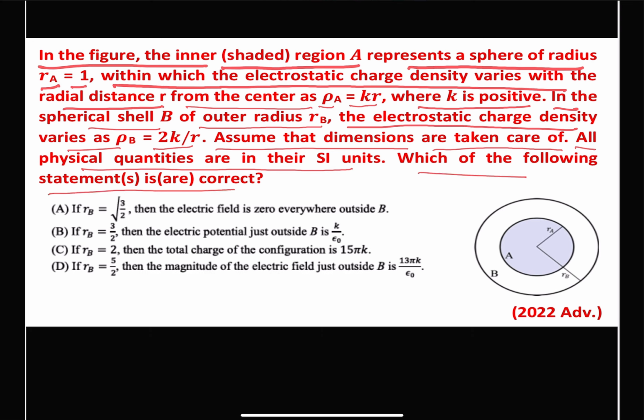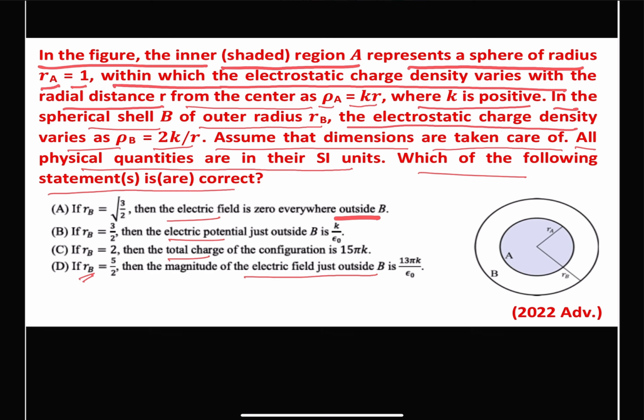So in this case, in the options we are going to take various values of RB, the radius of B, and find out electric field, electric potential, total charge, and electric field just outside B, for various values of RB.